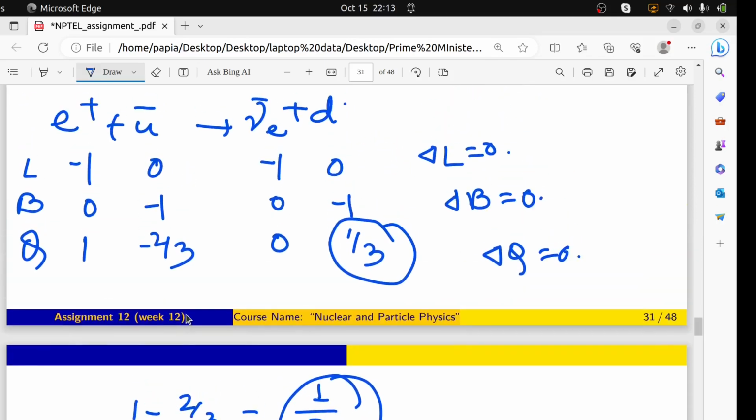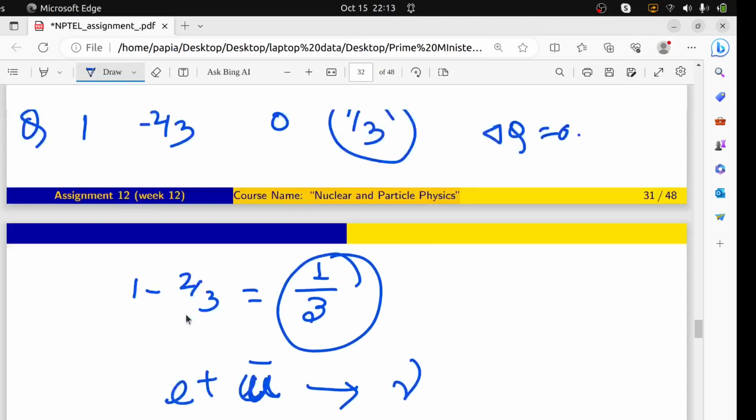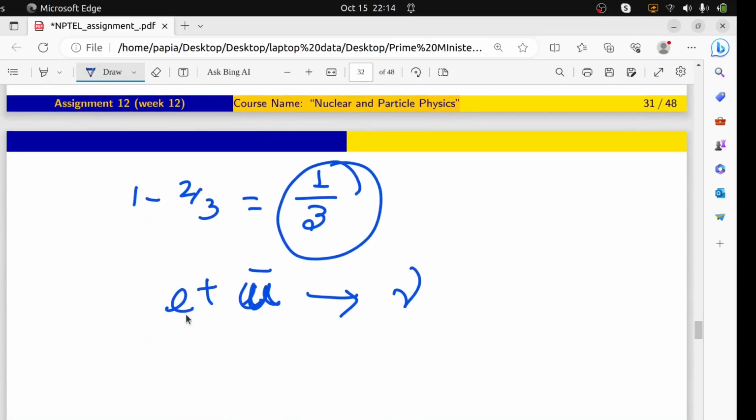That means the process E plus U bar to neutrino E bar plus D bar is possible. And one more thing: if there is a neutrino, that means we will check the weak interaction condition also. So let us check that one.